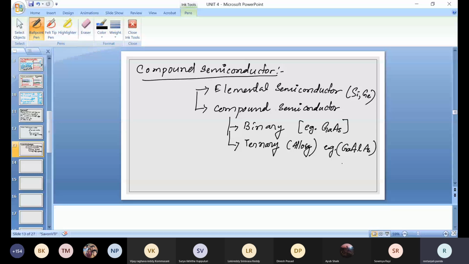Among those fourth group elements, as I already told you, if we go from top to bottom in the periodic table, in the fourth group we see that the conducting capacity is going to increase. So what are the elements in the fourth group?